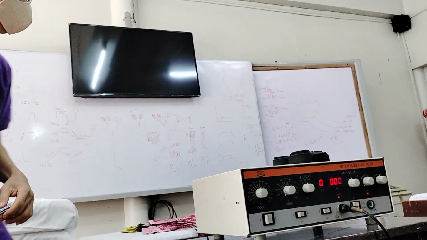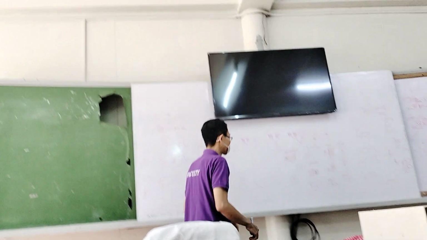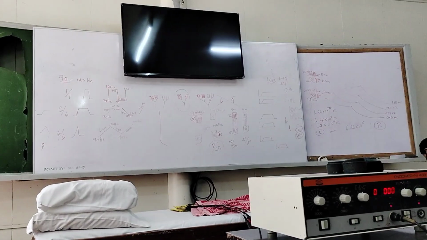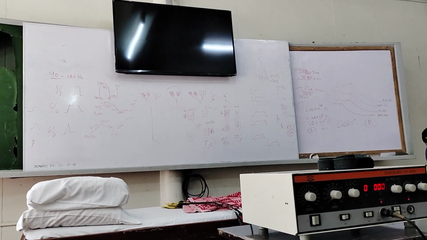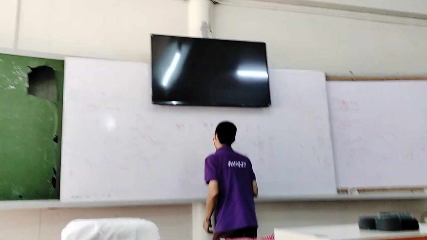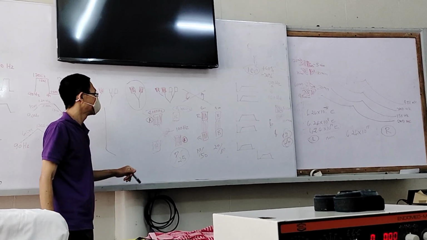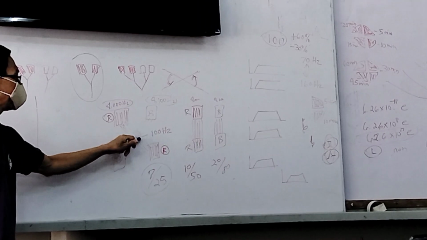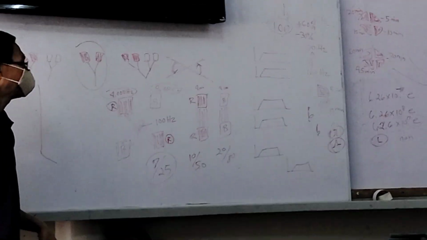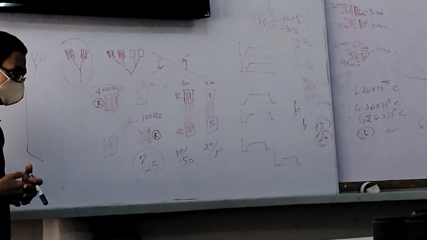With regards to the electrodes, this is how you're going to position them. Let's say this is the center, the painful area. You have to see that the currents of the electrodes will cross each other.